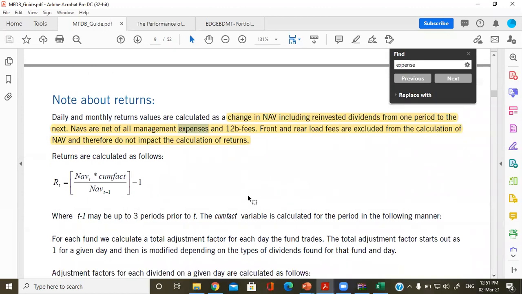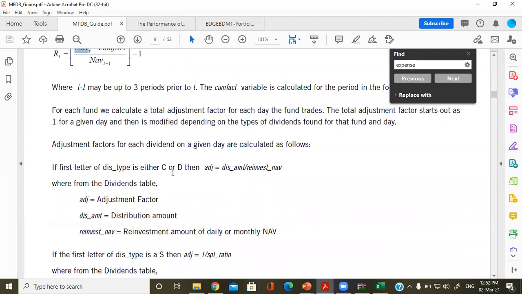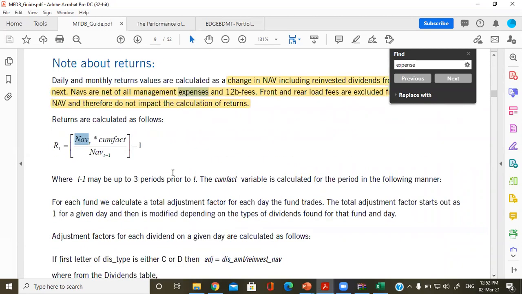No. The NAV has been separately adjusted for management expenses and 12B fees. And the cumulative factor is based on the trading pattern and trading structure of the fund. Okay.